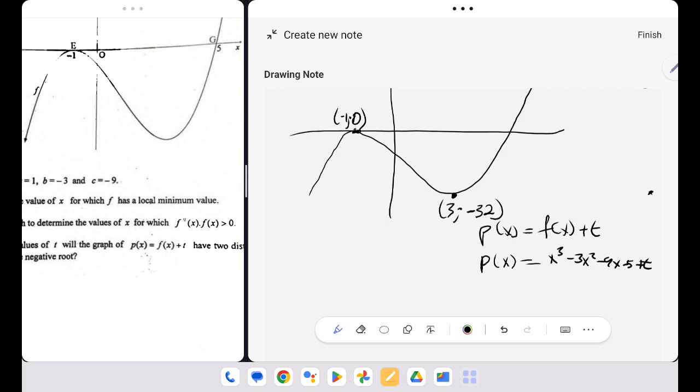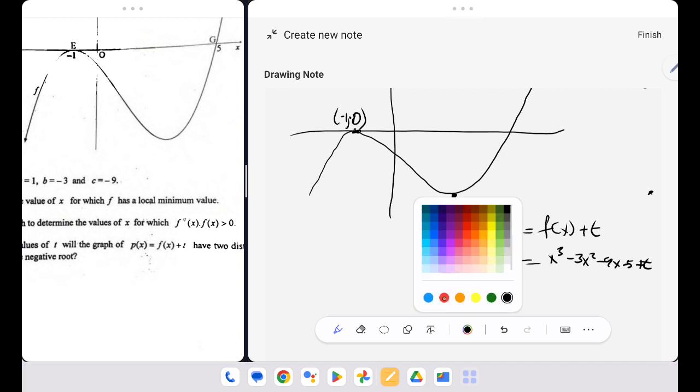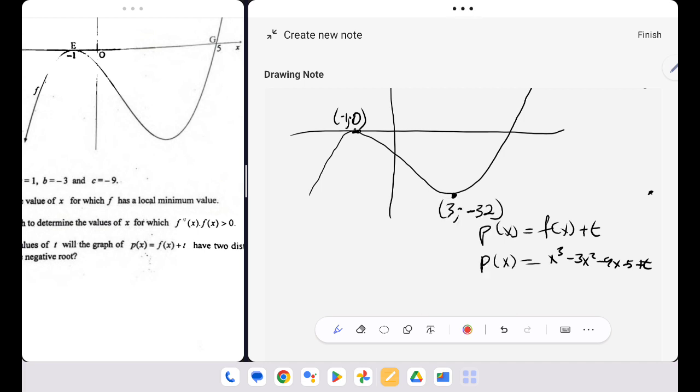So here I just need to show this by just drawing a vertical line. Please note, whenever I draw my vertical line here, I only have one root, which is positive. And the question said we must have 2 distinct positive roots and 1 negative root.